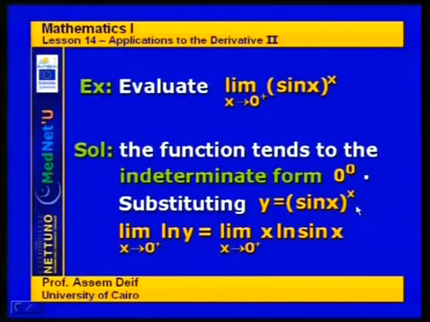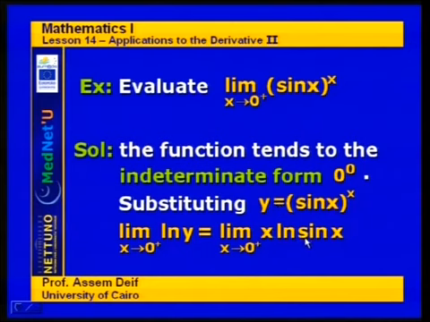For example, here, if you substitute y is equal to sine x to the power x, in other words, you suppose that sine x to the power x is equal to y, and then you start by applying the logarithm. Then the logarithm of y is equal to the logarithm of sine x to the power x. But the logarithm of sine x to the power x is equal to x ln sine x. So in fact, ln y is equal to x ln sine x.